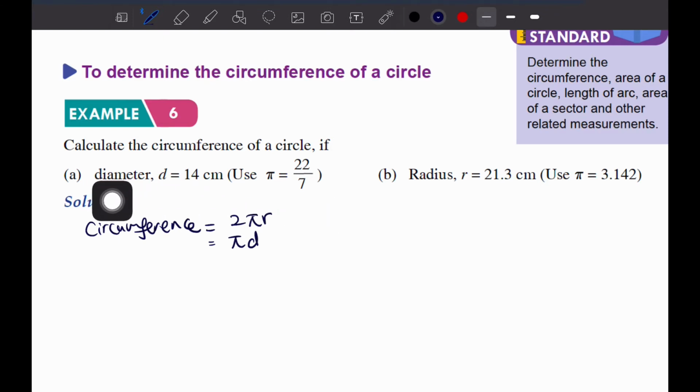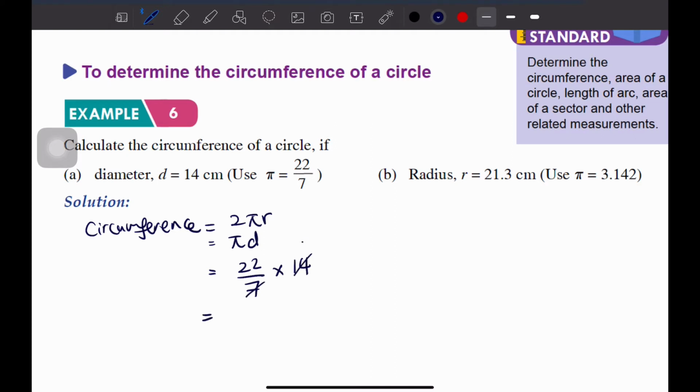So this question gives you d, diameter, so you can use the second one. So pi is 22 over 7 times diameter is 14. So 7, 14, 2, 22 times 2 is equal to 44 centimeter. That's it. I think it's quite straightforward, right?